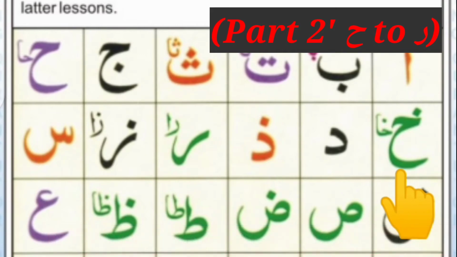There is very little difference in sound. Ha is a very clear sound and Kha is a very heavy sound.